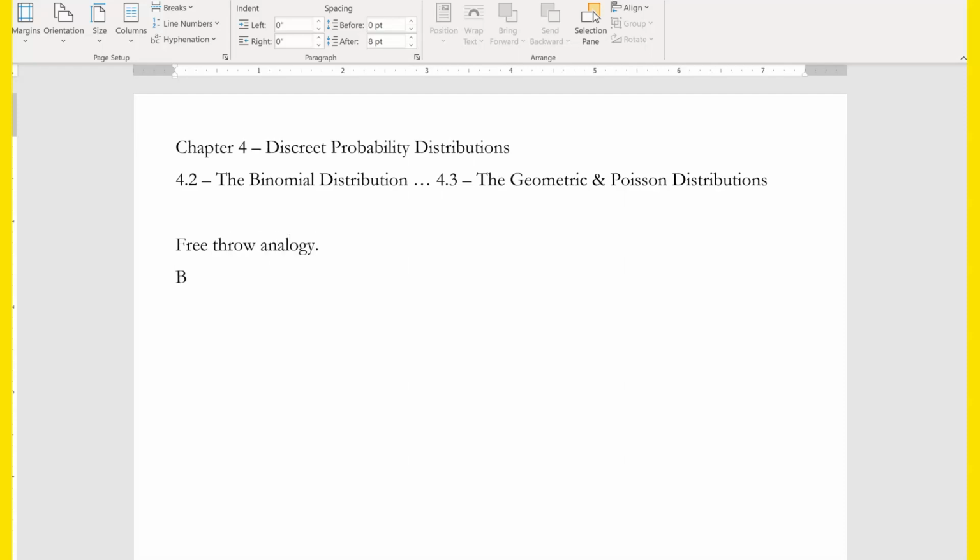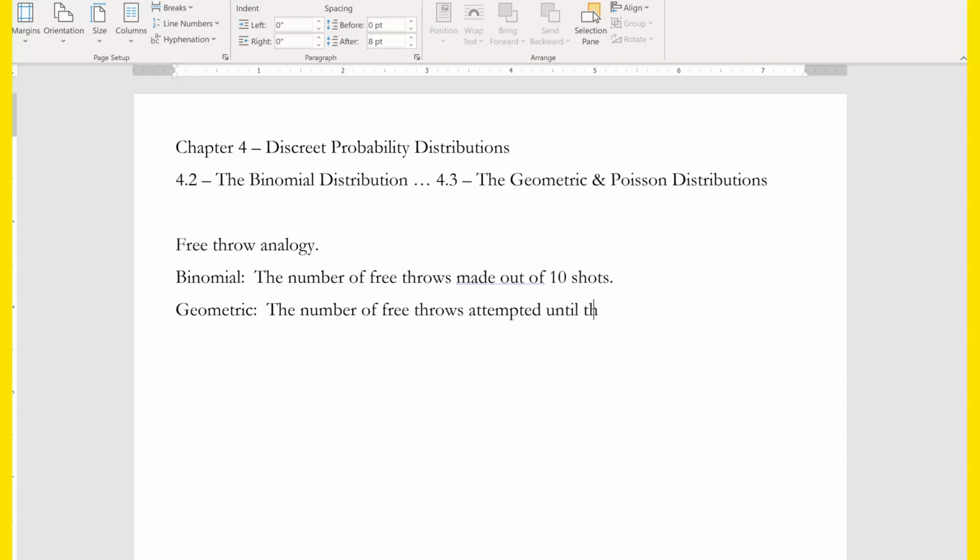The binomial distribution would say the number of free throws made out of 10 shots or 10 attempts. The geometric would say the number of free throws attempted until the first shot is made.